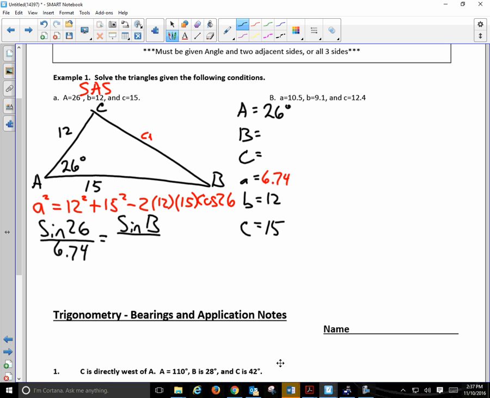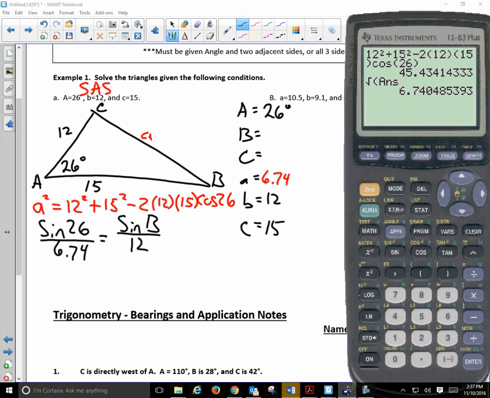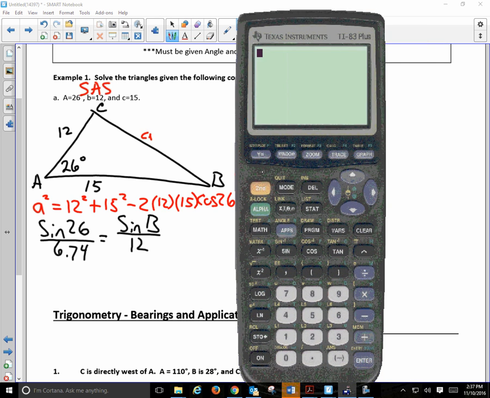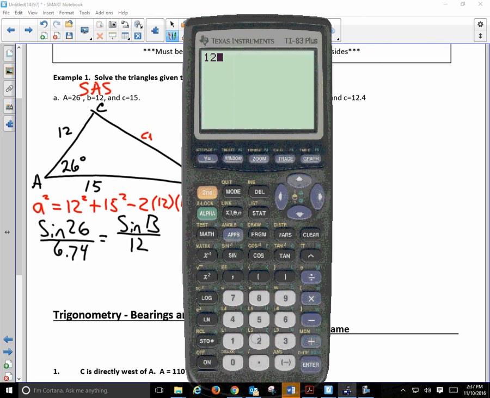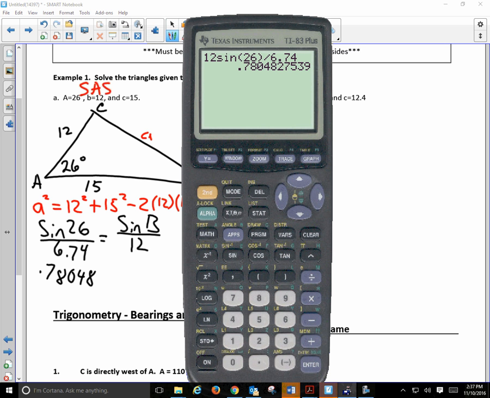So I do it over 12. I cross multiply: 12 sine of 26 divided by 6.74, and I get 0.78048 is equal to the sine of B.